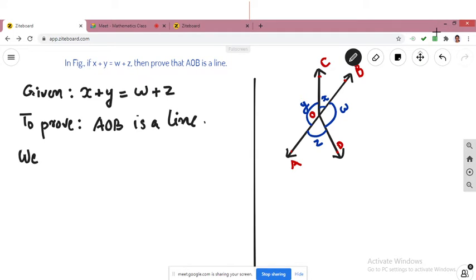Okay. So we know that the sum of the angles is 360 degree.